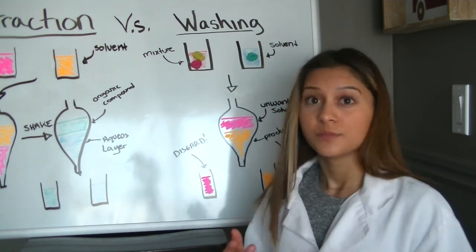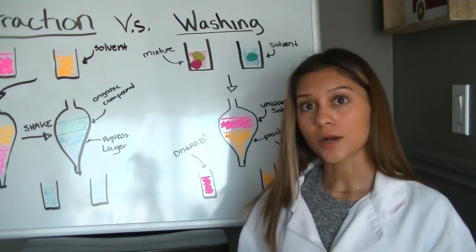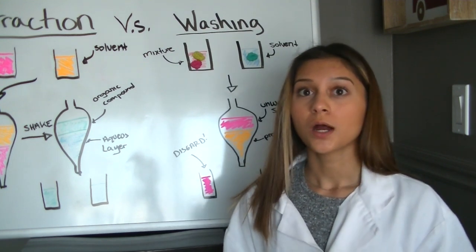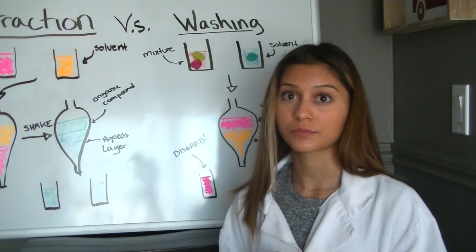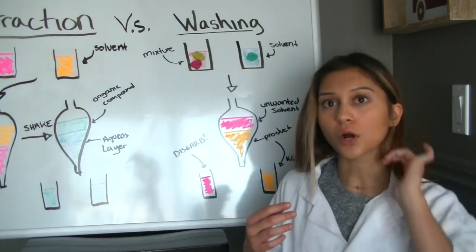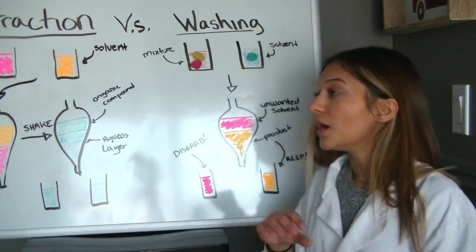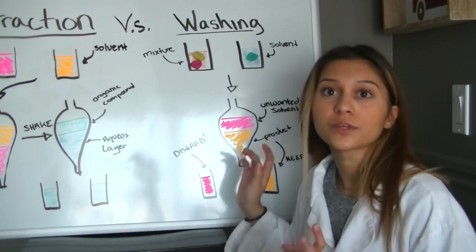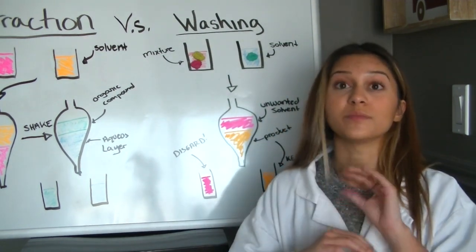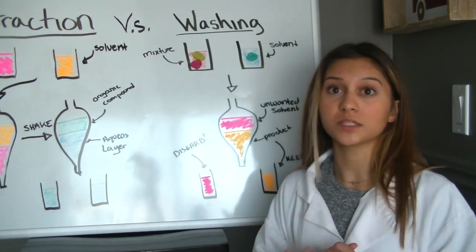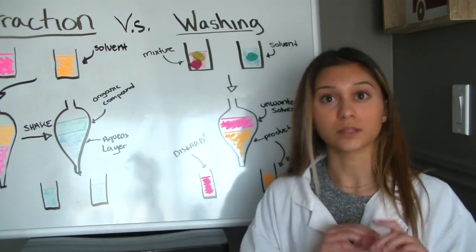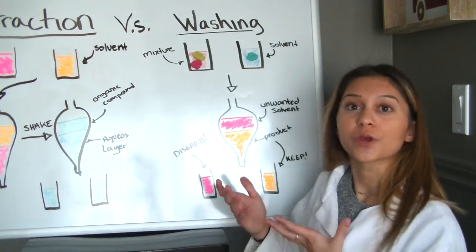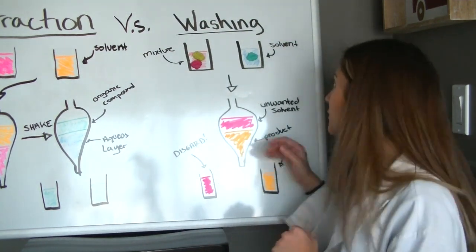For the washing to be successful, the solvent that we are adding to our solution mixture must be soluble with our unwanted compounds. This means that our product solvent that we are wanting and the unwanted solvent that we do not want must become immiscible with each other, which once again means that they do not mix and will form two distinct layers. So now I'm going to demonstrate what washing would look like.